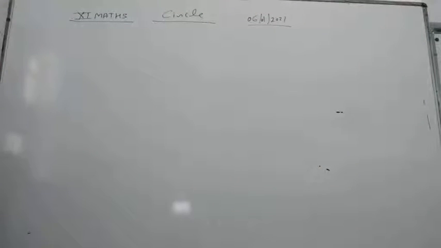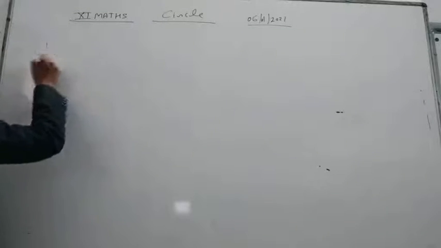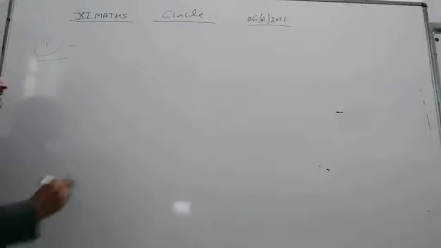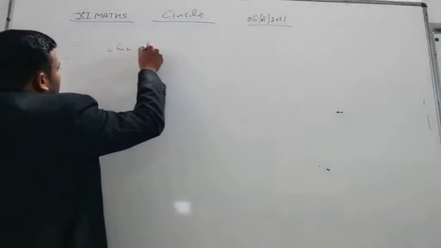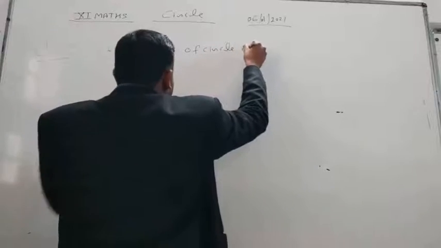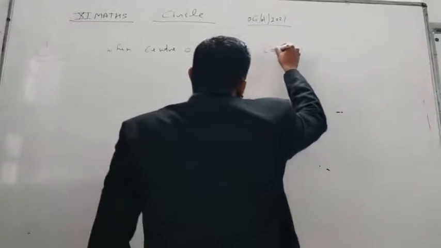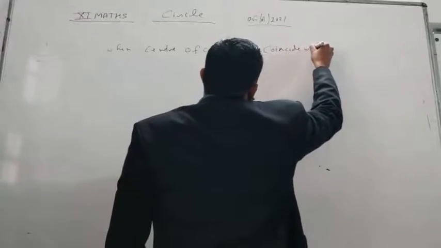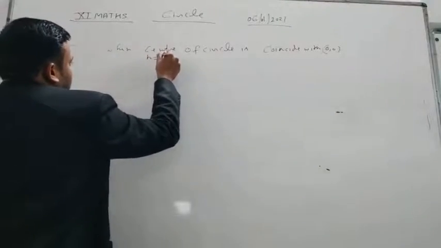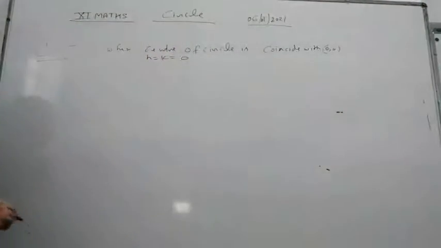The first case is when the center of the circle coincides with the origin. It means that our h and k are both equal to 0.